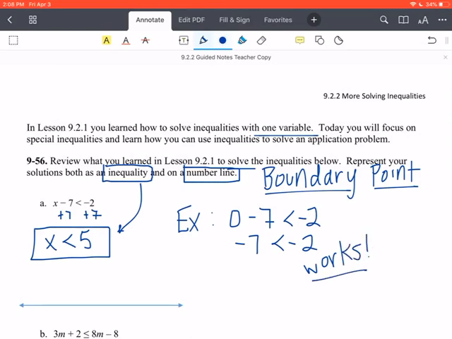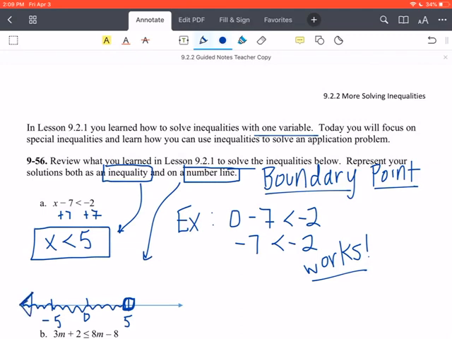Now we have to graph on a number line. You don't have to make tick marks for every single whole number. I know that my boundary point is 5, and it's not "or equal to," so I keep my open circle. Then it's all numbers that are less than, so I'm going to shade everything behind 5.